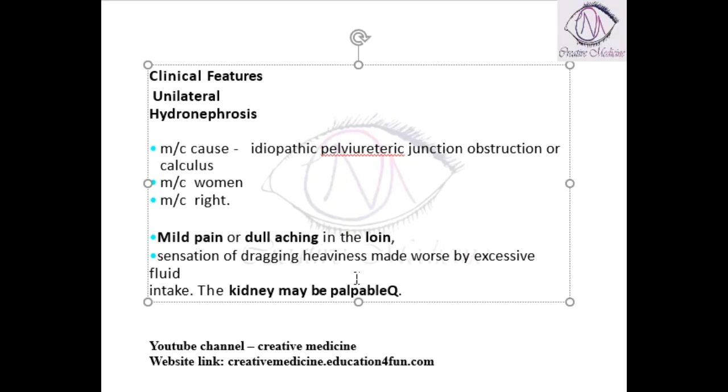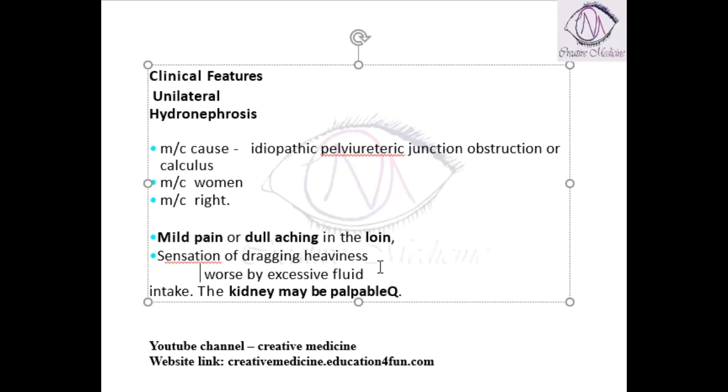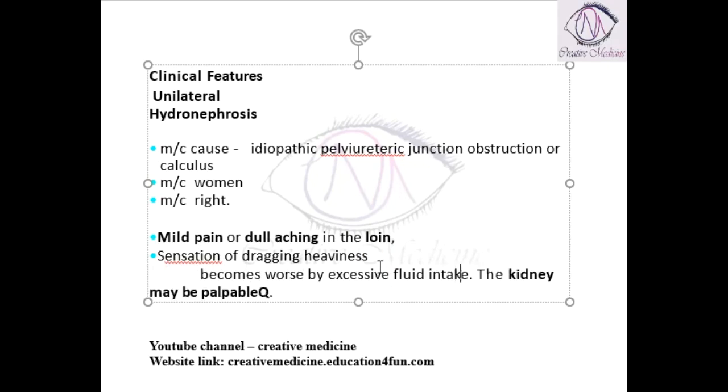Obviously the kidney is filled with fluid, which is heavy. This dragging sensation of heaviness becomes worse by excessive fluid intake, and slowly the kidney might become palpable. If the kidney is large enough, it might even become palpable.